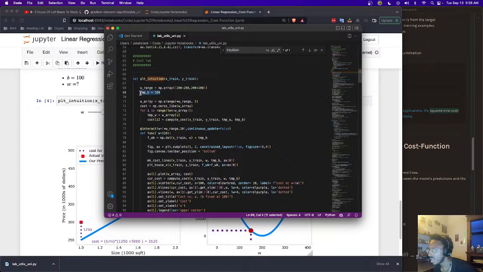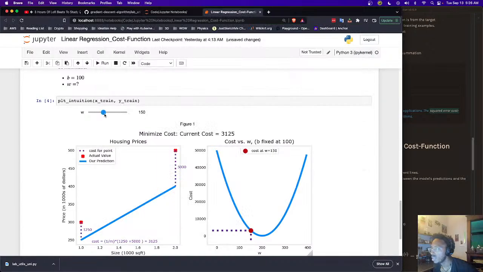So here the bias is being set to 100. And the interaction of this interactive diagram allows us to adjust and toggle the weight parameter independent of the bias without having to rerun the code and do it manually.